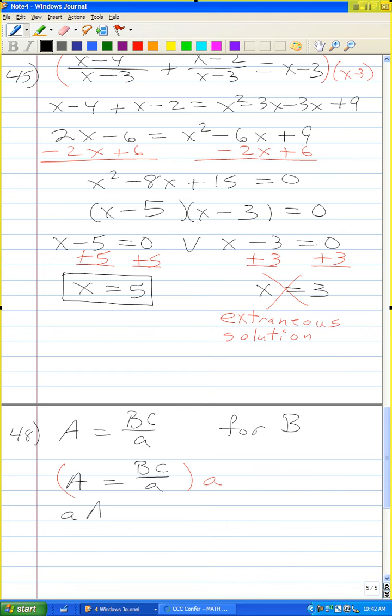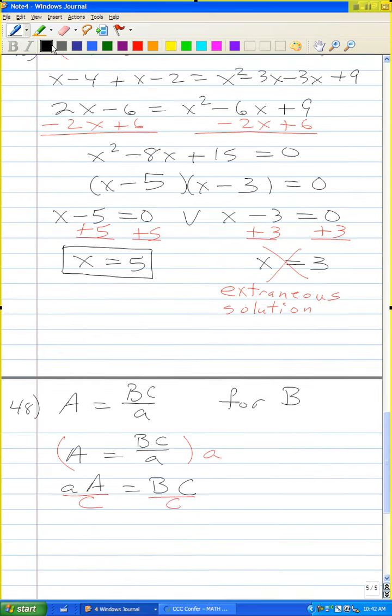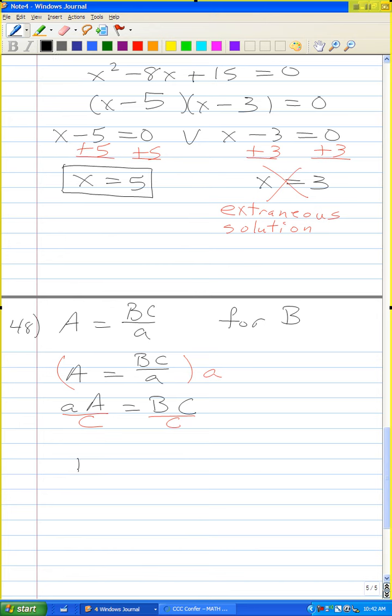So little a times capital A equals capital B times capital C. I want to solve for capital B, so divide both sides of my equation by capital C. So if I do that, I get that capital B is equal to little a times capital A over capital C. And that is your answer.